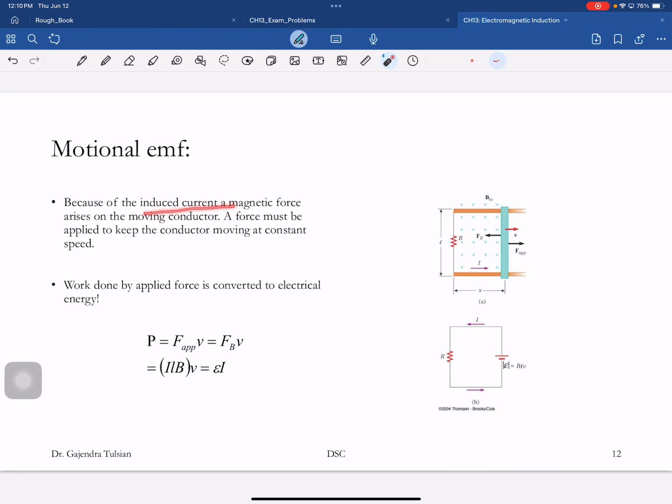Because of the induced current, a magnetic force arises in the conductor, and the magnetic force is in this direction. And so you have to apply a force to keep it moving. All you're doing with this device is converting the work you do into electrical energy.